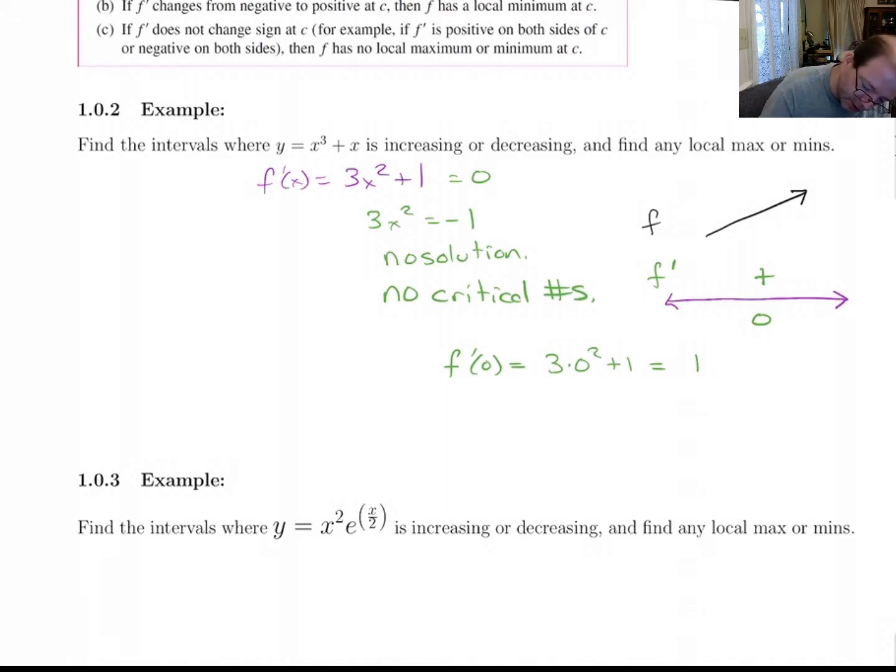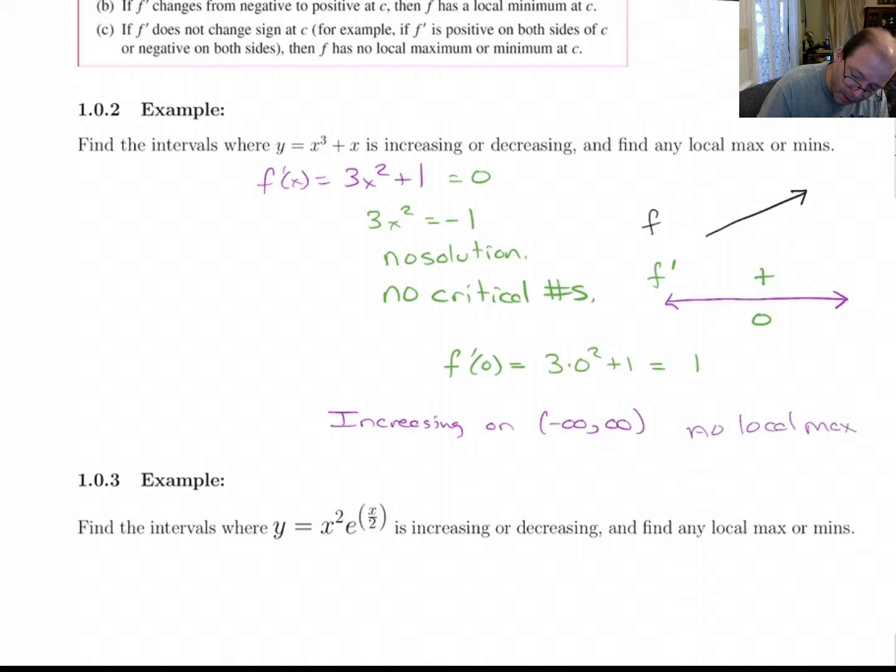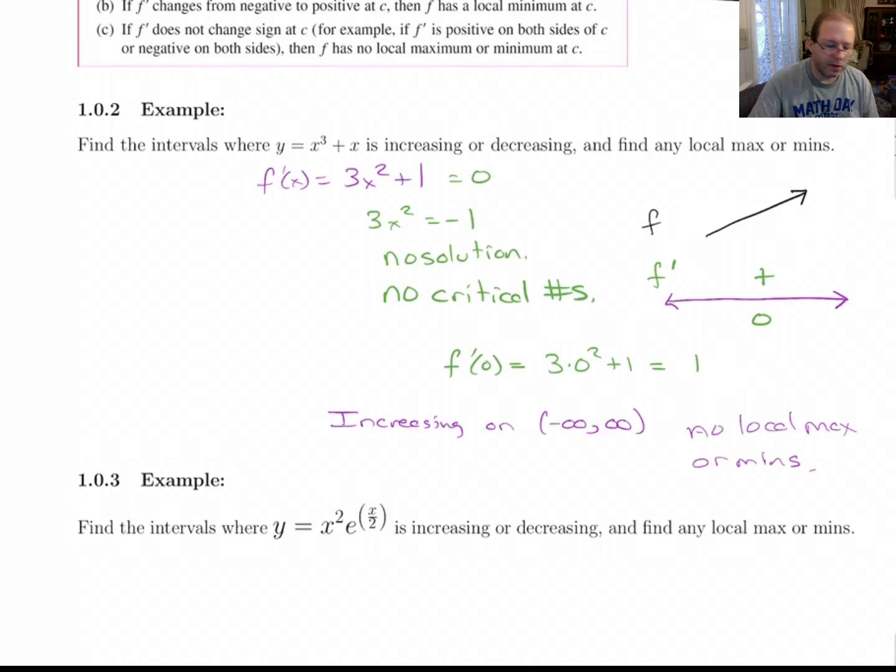So this function is increasing on everything from negative infinity to positive infinity, and it has no local max or mins. And what's that function look like? Well, if we look at it on Desmos, the f of x is x cubed plus x.